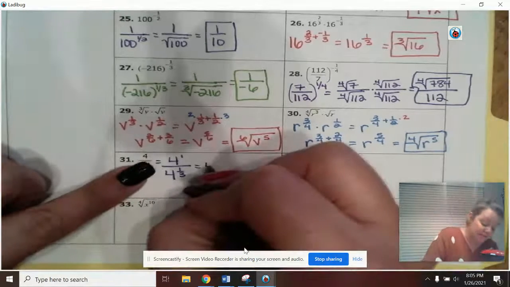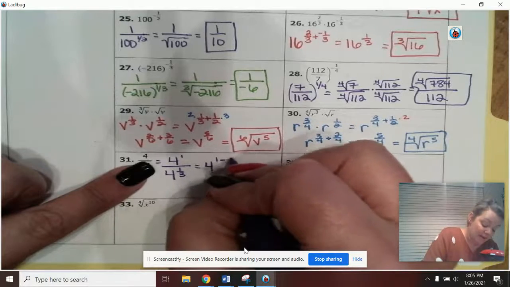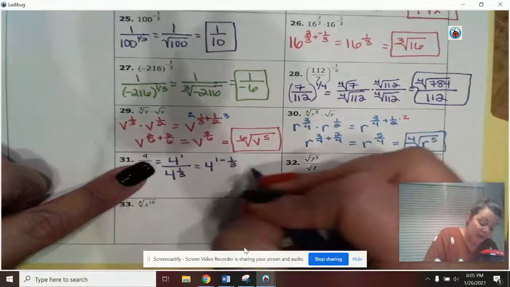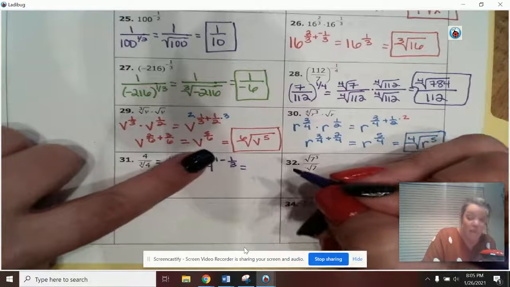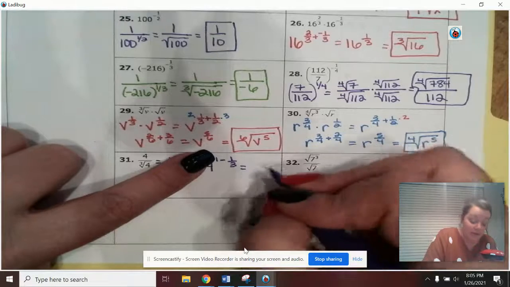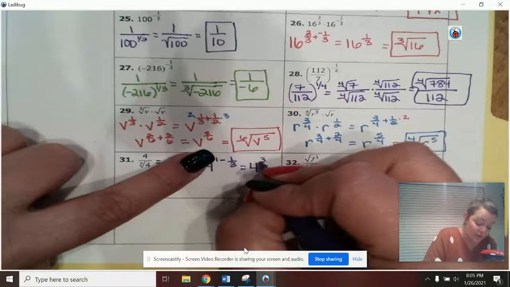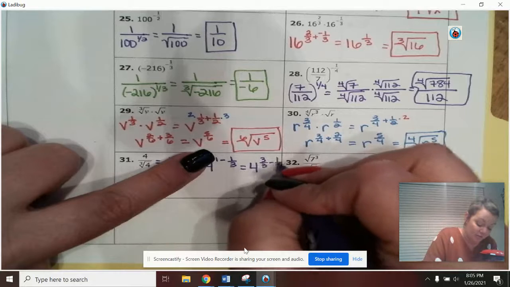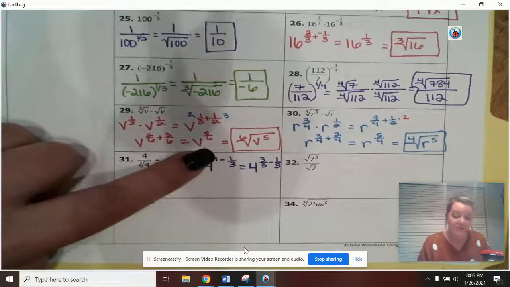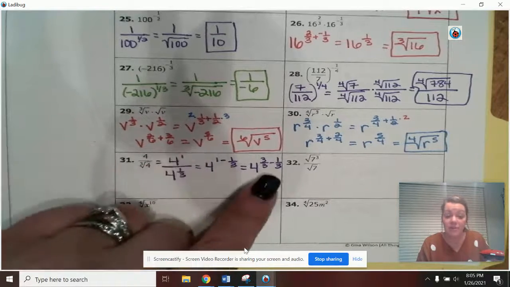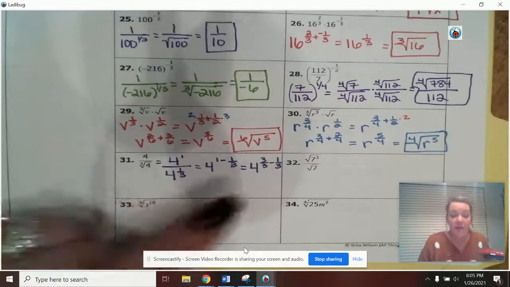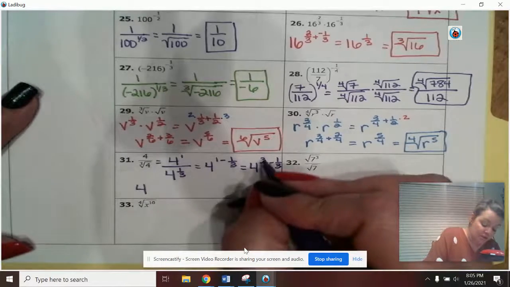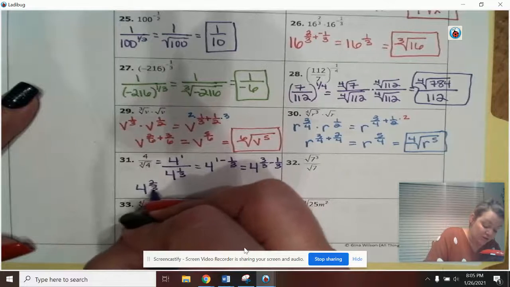So this is 4 to the 1 minus 1/3. And I can turn this 1 into a 3/3 so that I can subtract. So 4 to the 3/3 minus 1/3. Guys, 3/3 is the same thing as 1. I'm just doing that so that they will have a common denominator. Now I have 4 to the 3 minus 1, which is 2/3.